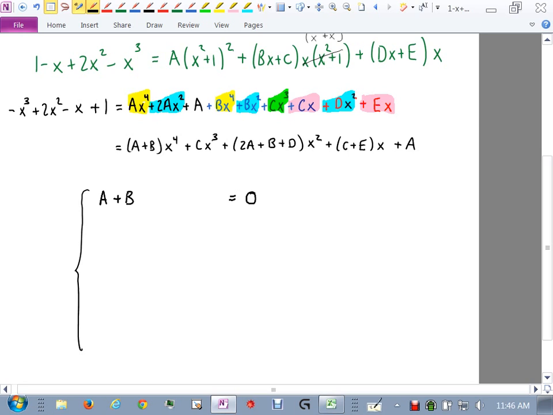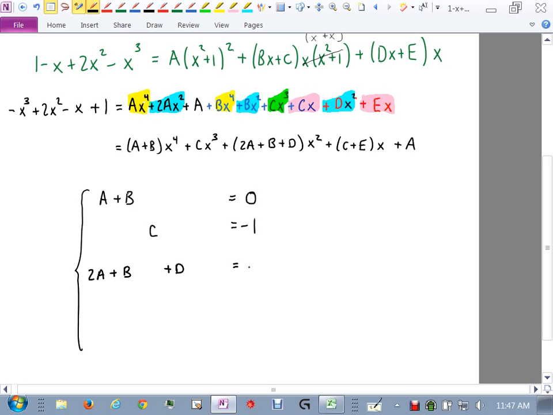And then the next equation, my c must match the number in front over here. So c is what? -1. Not d, the next equation, 2a plus b plus d must be negative, what?